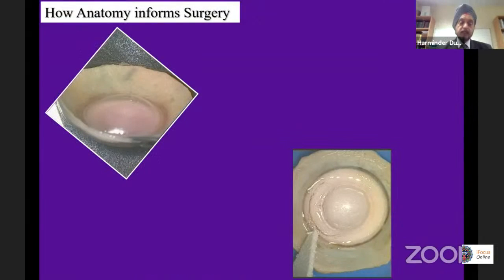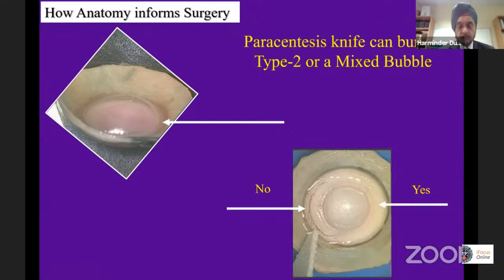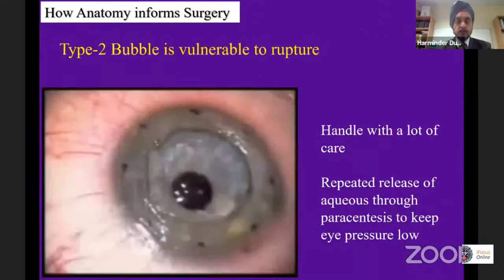Now, if you get a mixed bubble, again, how anatomy informs surgery, and this type 2 bubble is right at the periphery, what you don't want to do is a paracentesis and burst it. If you've got a partial type 2 here in this mixed bubble, then you won't come from here to do your paracentesis, but you can come from here. So immediately you understand the anatomy, you know how to make your surgery safer.